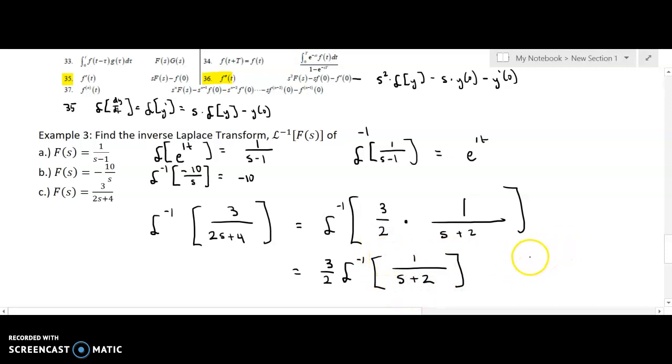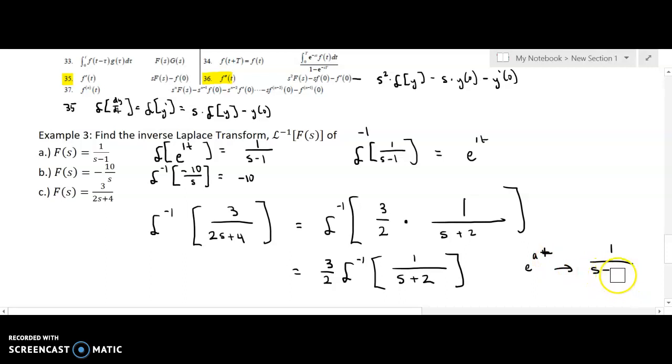Well, I know that e to the at will have a Laplace transform of 1 over s minus a. Now if I have a plus 2 here, I just have to make sure that whatever I write in the exponent of e, it's the opposite sign of the a here.